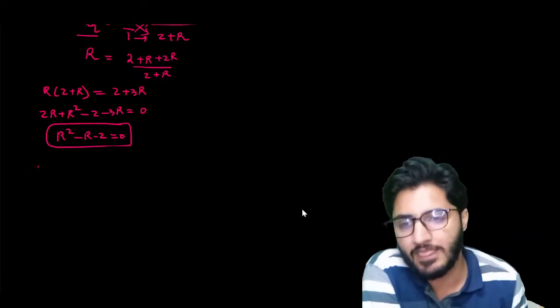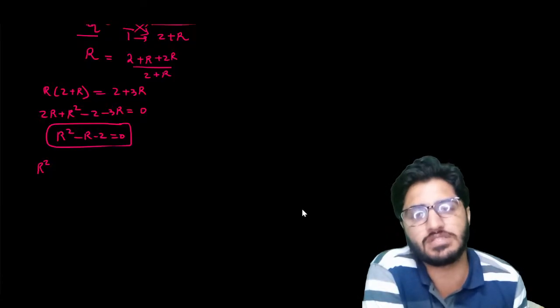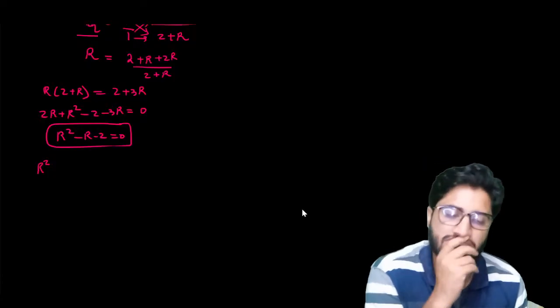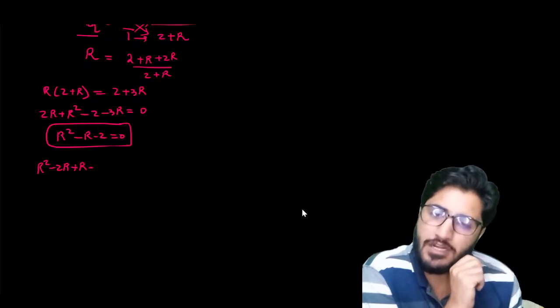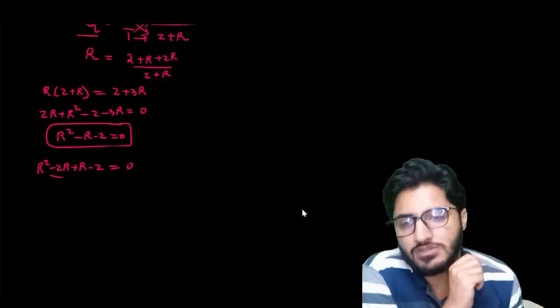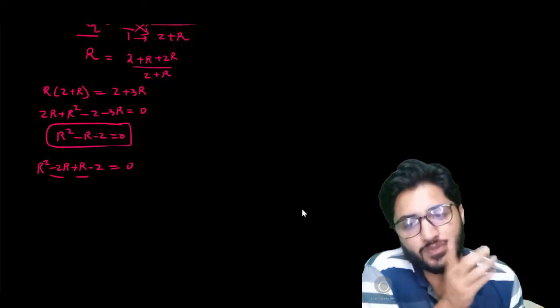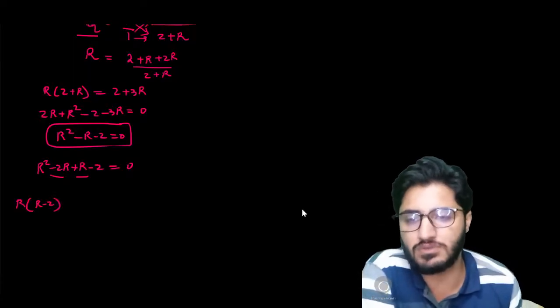So I can write R square, then R, I can write as R square minus 2R plus R minus 2 equals 0. Look, minus 2R plus R is minus R. Minus 2R into R is minus 2R square. Great. So I will take common R minus 2.